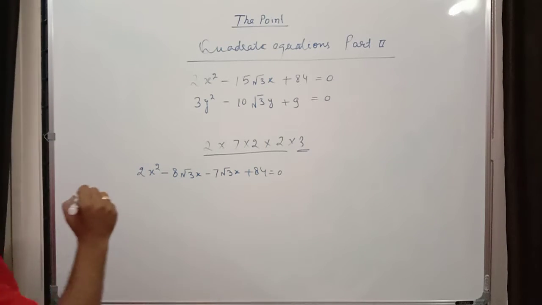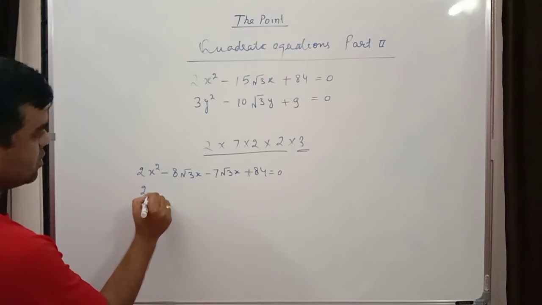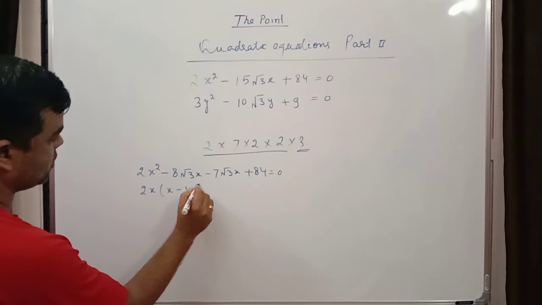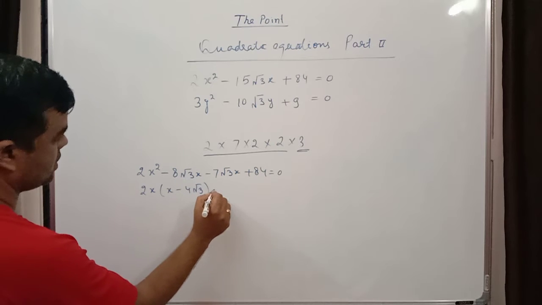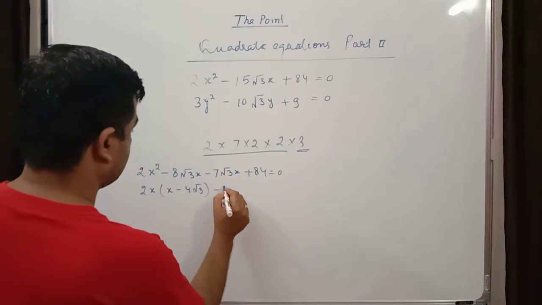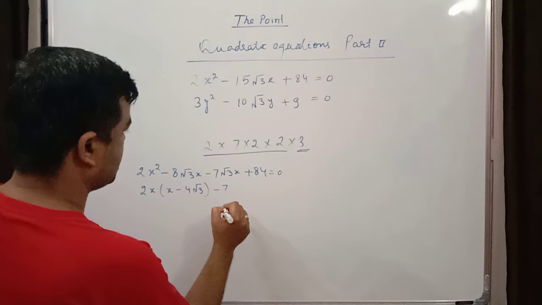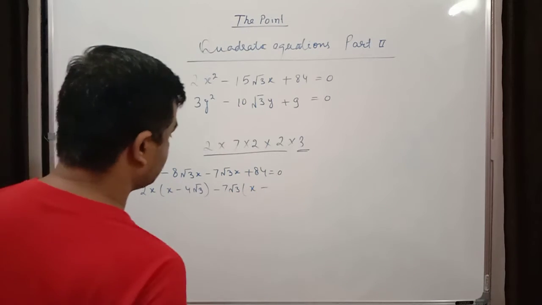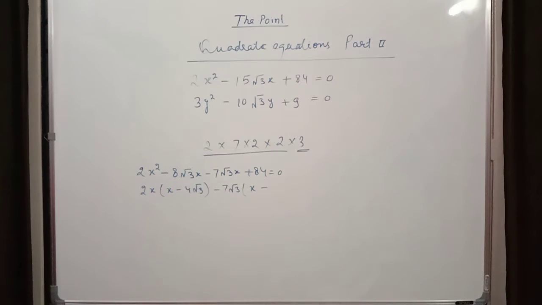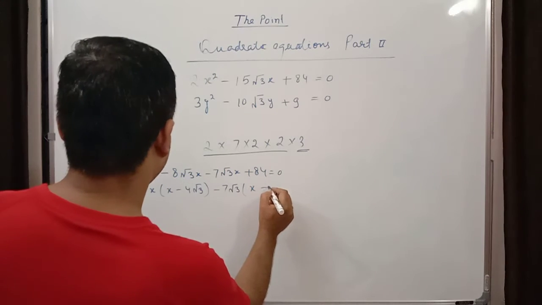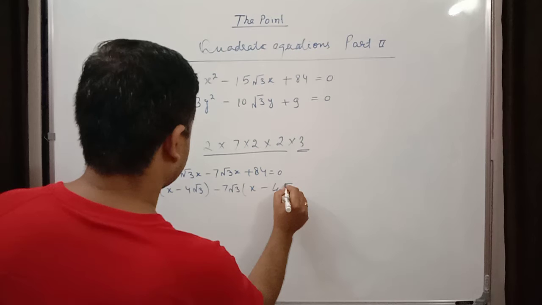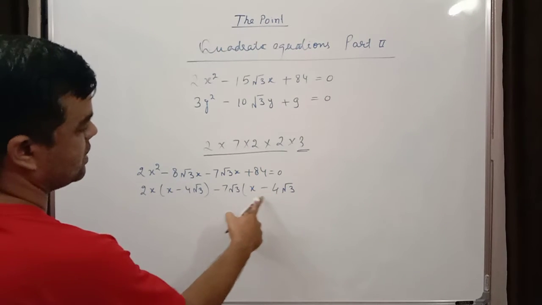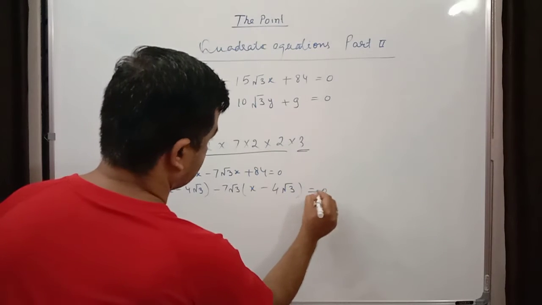Now take common: 2x, x minus 4 root 3, minus 7 root 3 common, x minus, then again 4 root 3. This will come: 7 4s are 28, 3 28s are 84. Correct, is equal to 0.